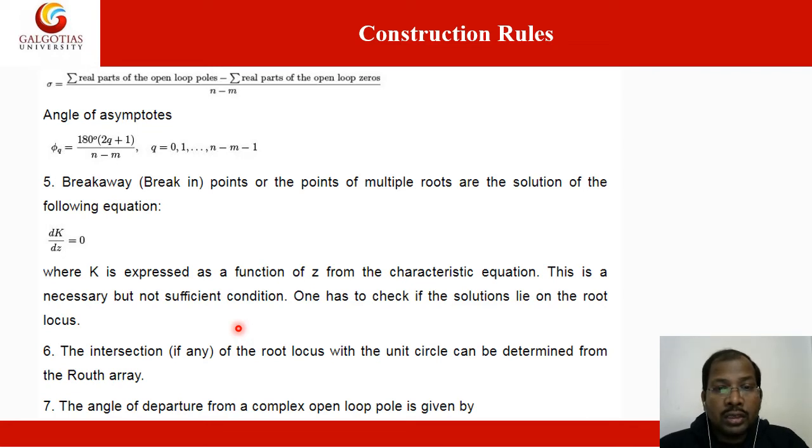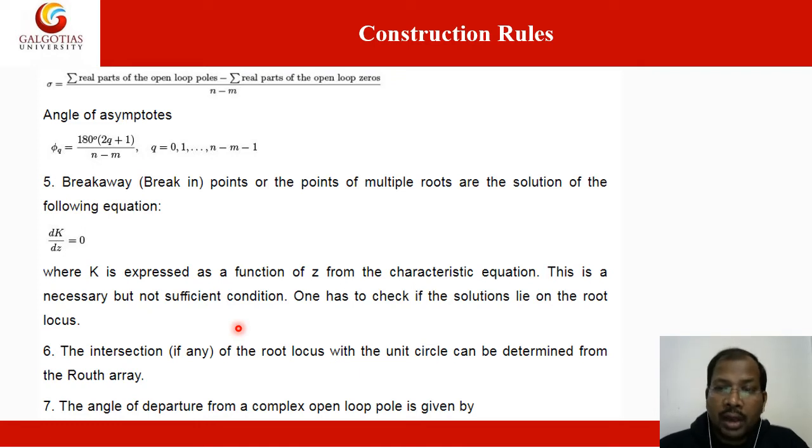Intersections of the root locus with the unit circle can be determined from the Routh array. We have to calculate the Routh array, and using it we can calculate whether it intersects or not. So the breakaway point we have also calculated, and the intersection of the root locus on the unit circle we already calculated using the Routh array.